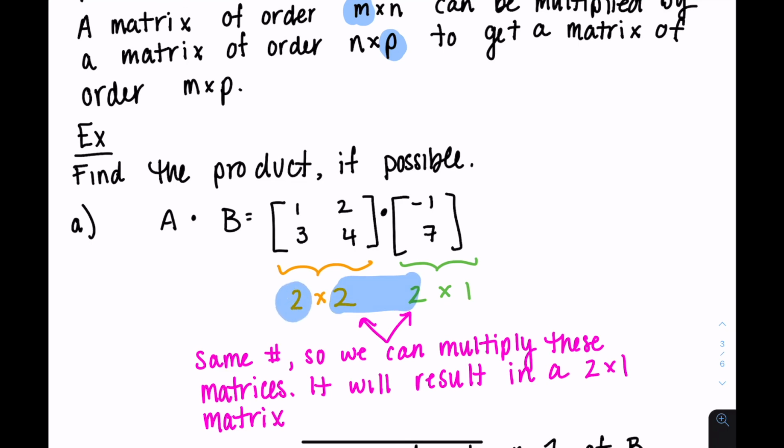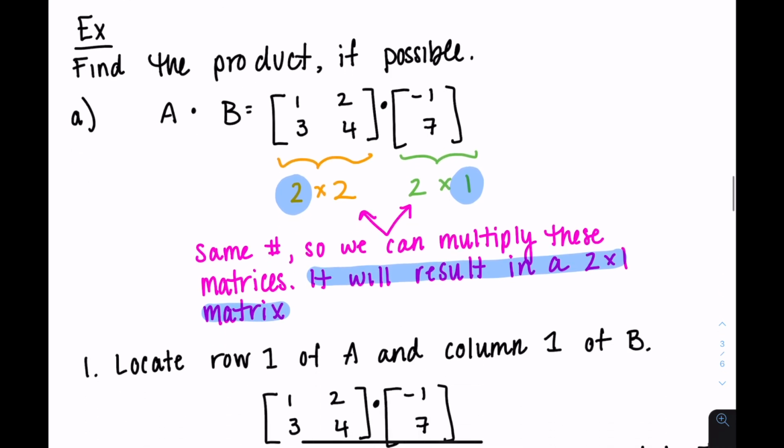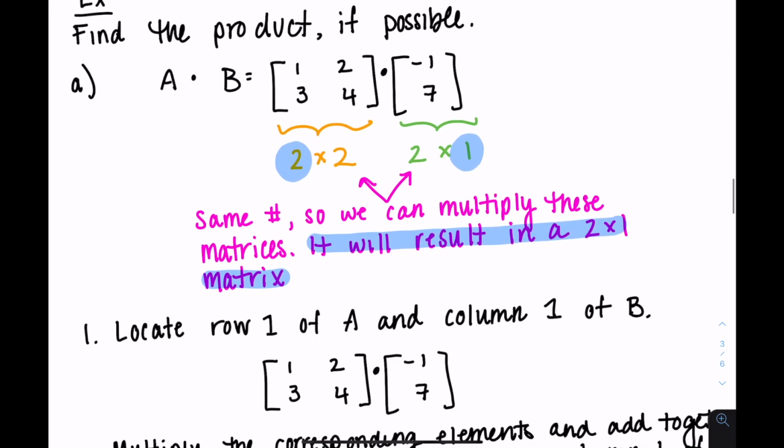And then the order I'm going to result with will be what these outside pieces are. So it will result in a 2 by 1 matrix. If this was a 3 by 2 and a 2 by 1, you would get a 3 by 1 matrix in return.